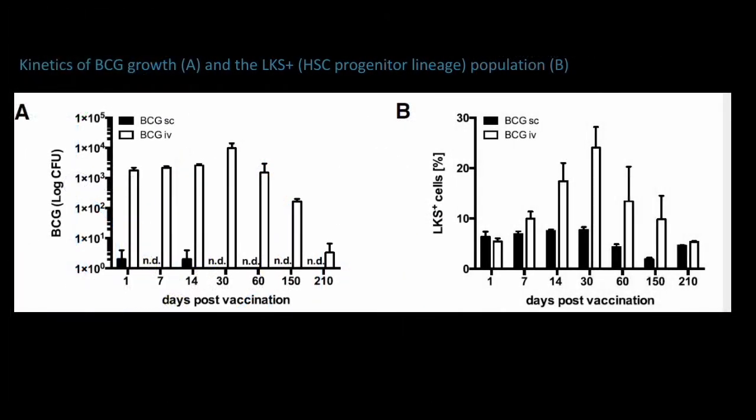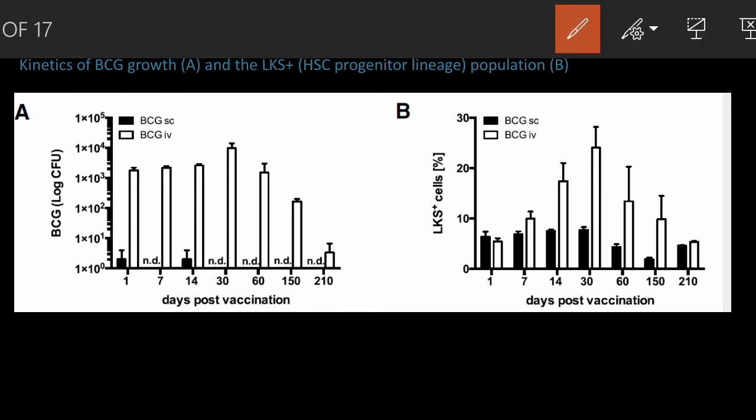Then let me share some of the research findings in tuberculosis. They checked BCG immunization with intravenous injection and subcutaneous injection, and this is the diagram they showed of the results.